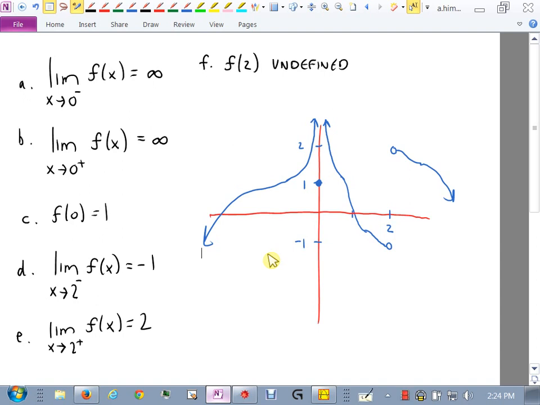Don't just leave gaps between them, because we want the function to be defined. If I draw a line through 2, I should not hit any part of my graph. It should have no definition for my function there.